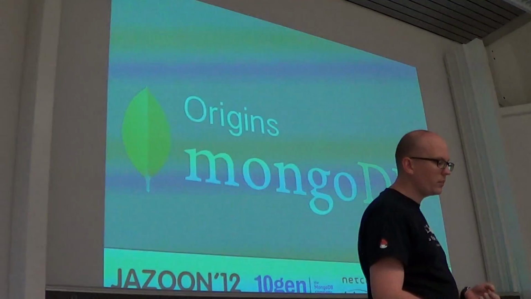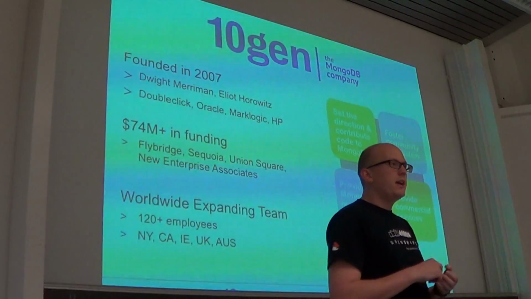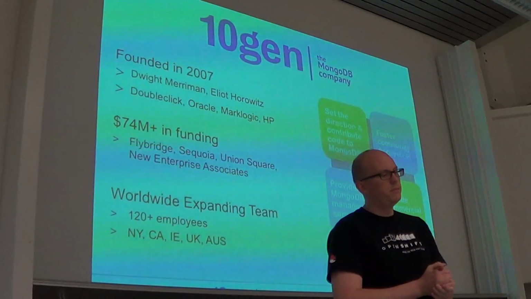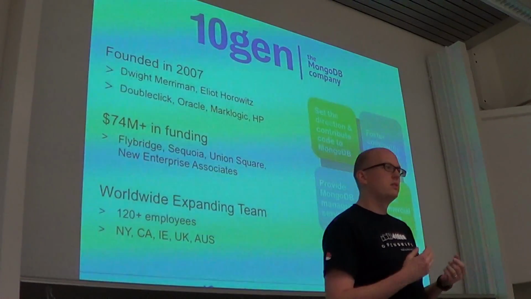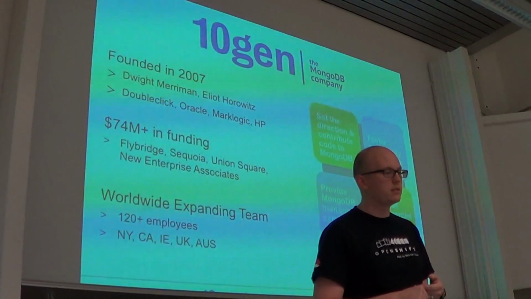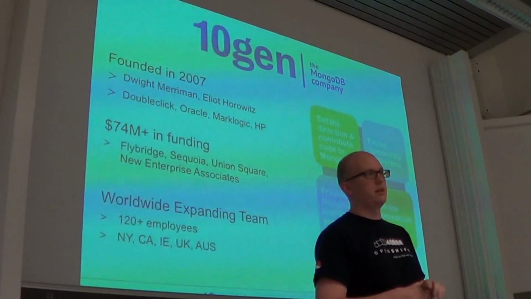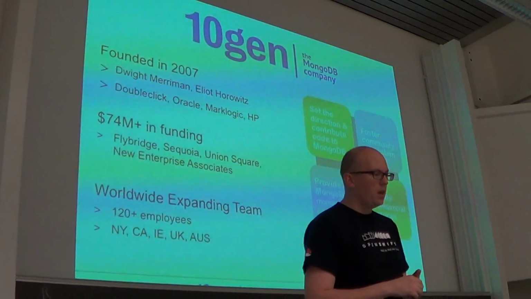So, the initial origins of MongoDB. It was founded in 2007 by Dwight and Elliot. Basically, Dwight and Elliot both worked at DoubleClick. In fact, Dwight created DoubleClick, or was one of the original founders, and DoubleClick sold to Google in the early 2000s, late 1990s.